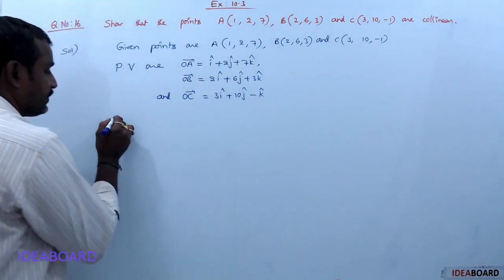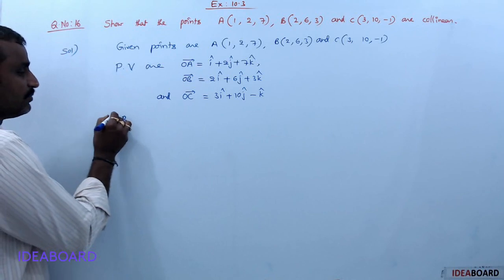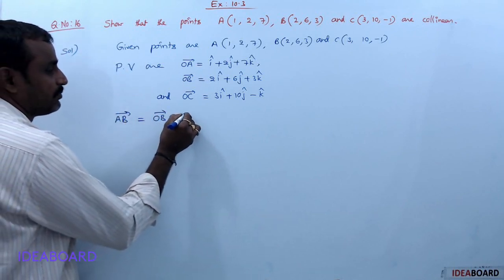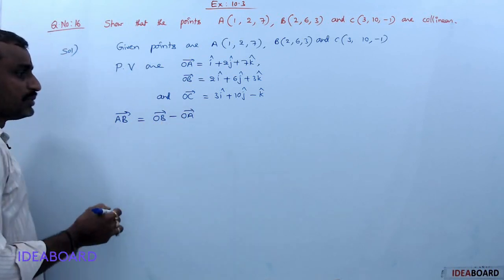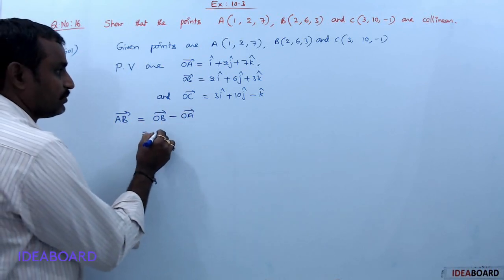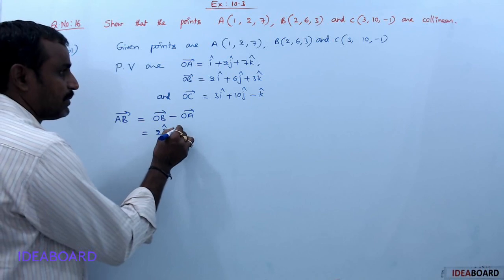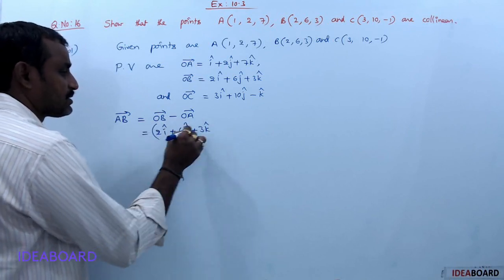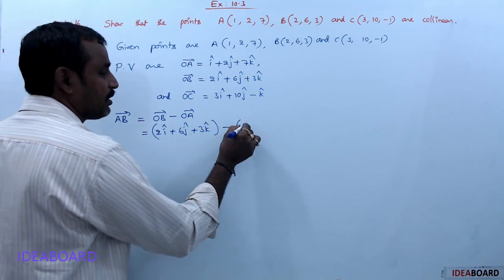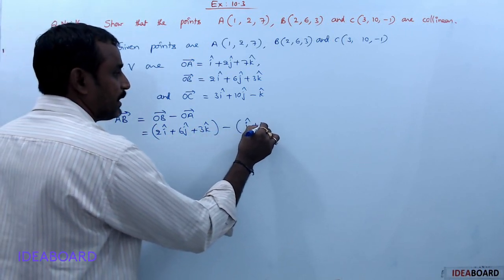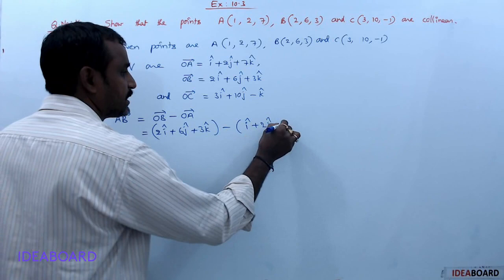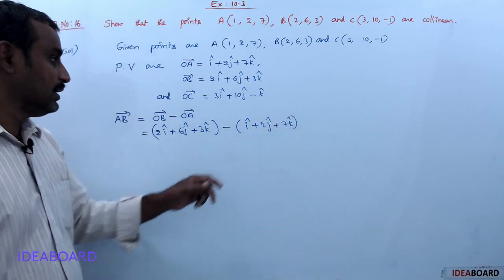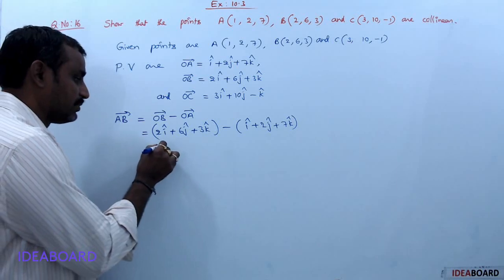First we will calculate AB bar. AB bar is equal to OB bar minus OA bar. So now this is equal to 2i cap plus 6j cap plus 3k cap, subtracting OA bar, i cap plus 2j cap plus 7k cap. Now simplify this. 2i minus i is i cap.